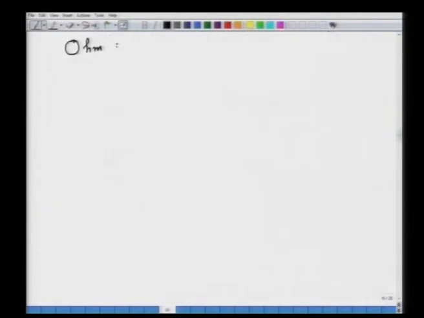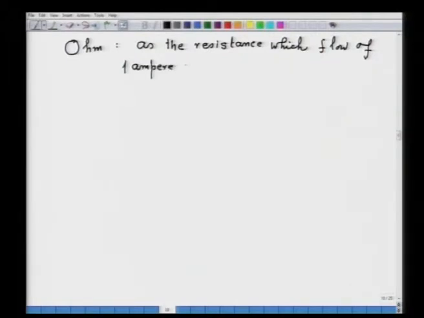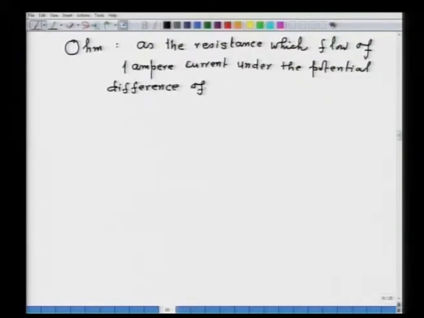Now, ohm is defined as the resistance, it is just a basic and elementary, just I am reviving, is the resistance which permits flow of 1 ampere current under the potential difference of 1 volt. That is how you define the ohm.